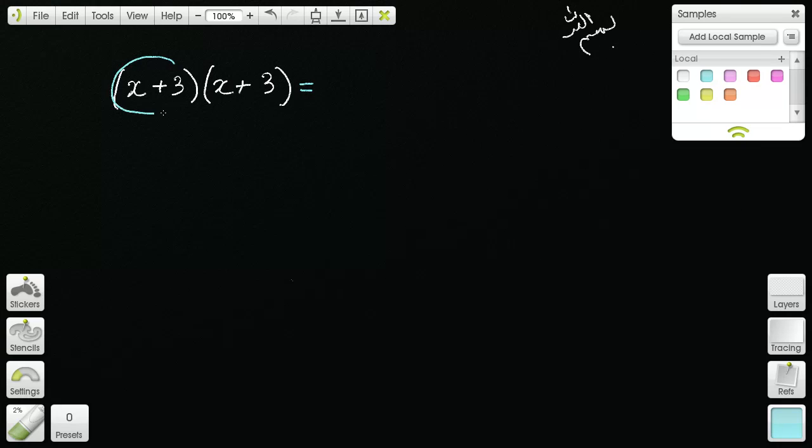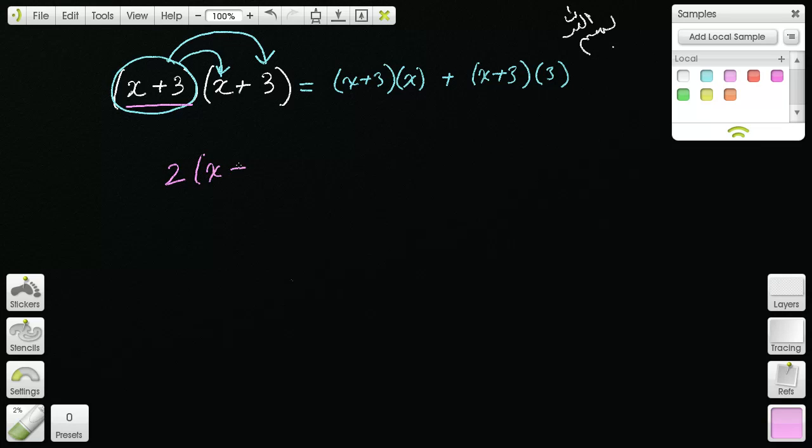We can take this and distribute this over here, and we can take that and distribute over here, okay? After we do that, we'll get x plus 3 times x plus x plus 3 times 3. So it's kind of distributing the whole binomial, right? Because if it was like 2 times x plus 3, it would just be distributing the 2. So if I have x plus 2 over here, you just distribute the x plus 2. Okay?